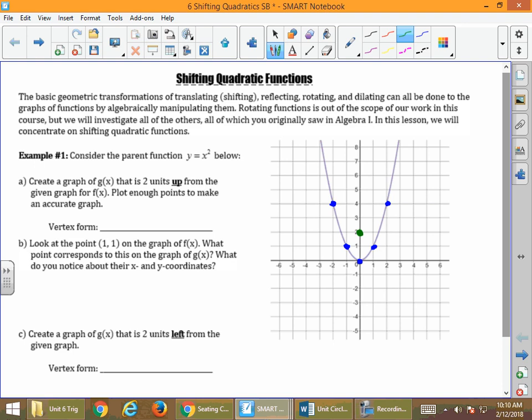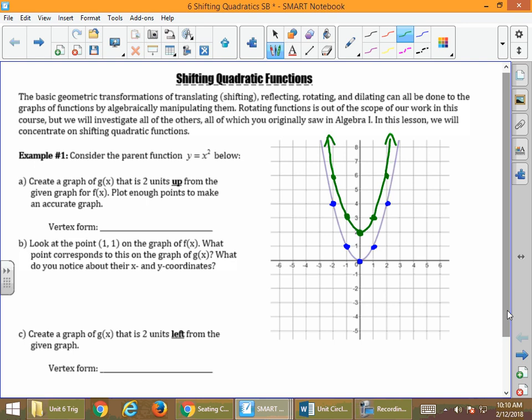And our point (1, 1), let's move it up 2 spaces. And our point (2, 4), let's move it up 2 spaces. And then on the other side, (-1, 1), we're going to move it up 2 spaces. And (-2, 4) up 2 spaces.